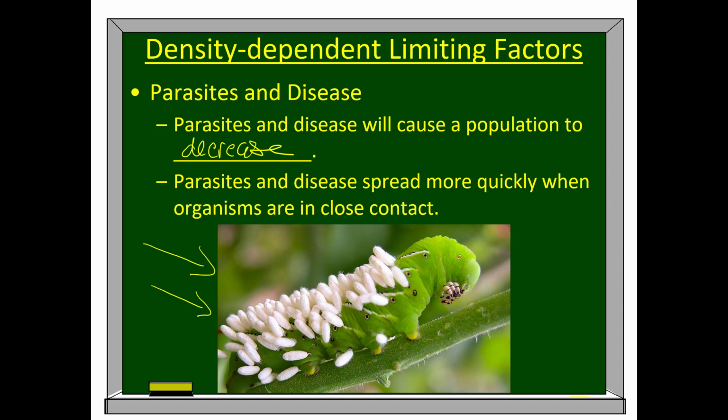So the more dense and crowded a population is, the quicker parasites typically move along into different organisms and can cause more disease, more issues, and more death. Whenever parasites or any type of disease is starting to spread, it definitely spreads quicker when there's a lot closer contact. So think about flu time, in the fall when we have flu starting up.